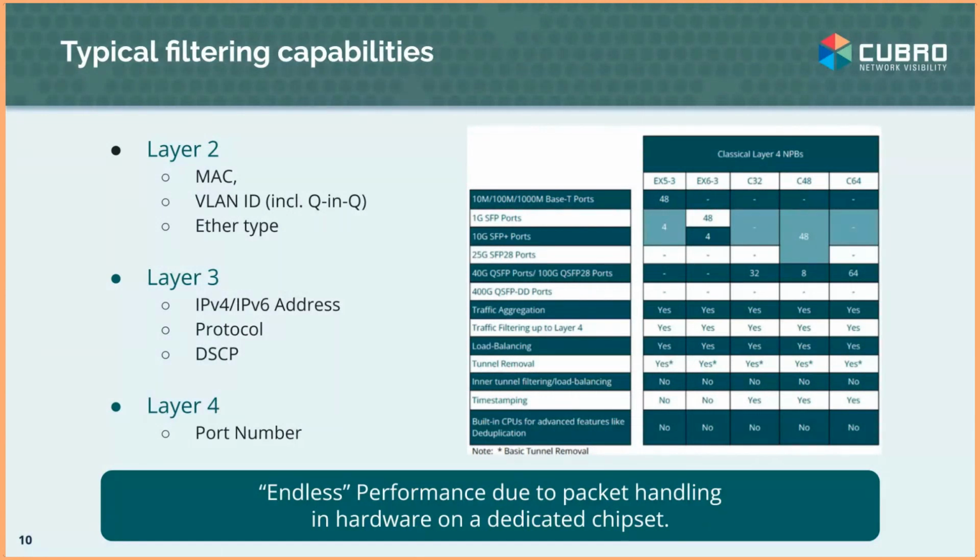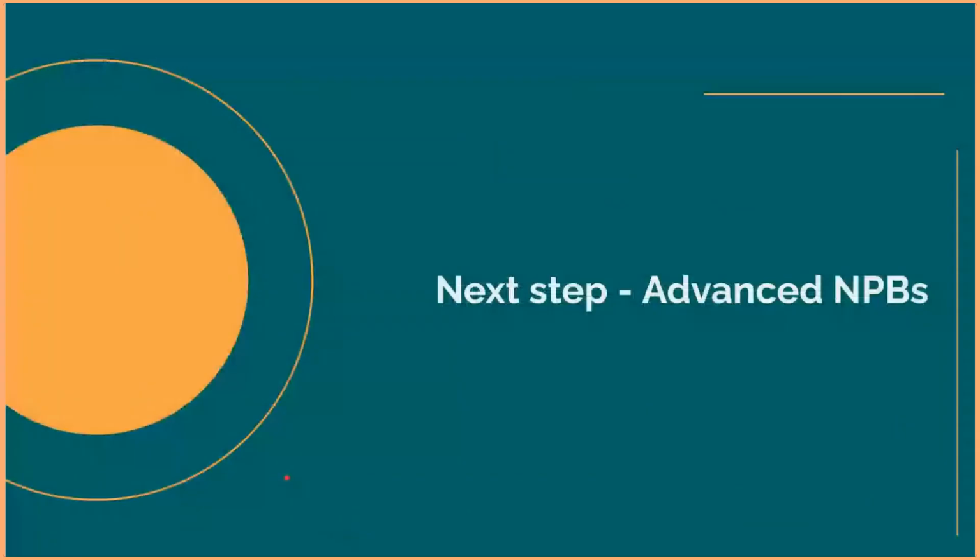No, hardware means endless performance. Usually these boxes can work at 100% wire speed on all the ports at the same time, so they are not losing packets. This is the development goal: do everything in hardware, be super fast and very high performance. So this is the aggregator series.